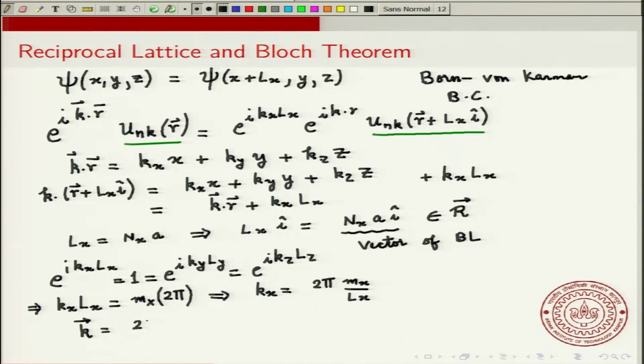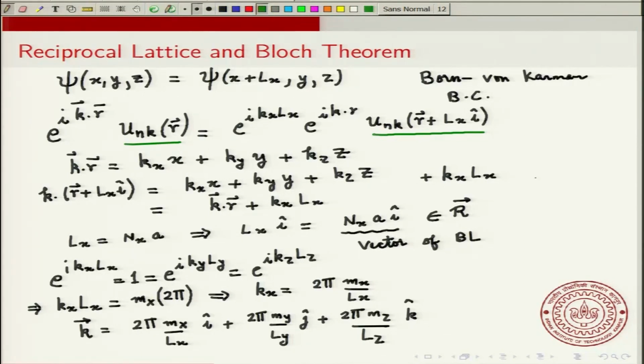Now, I should mention this clearly, I have assumed an orthorhombic unit cell, in other words alpha equal to beta equal to gamma equal to 90 degrees.